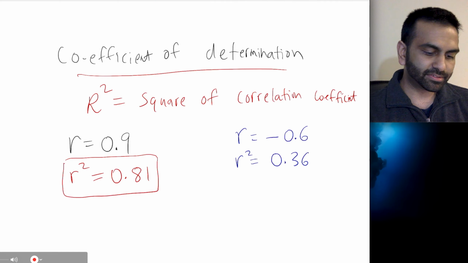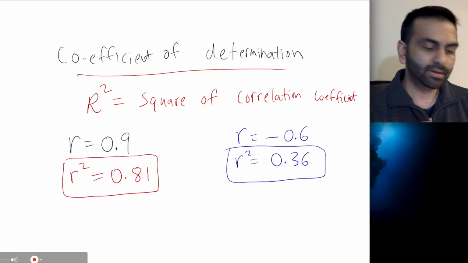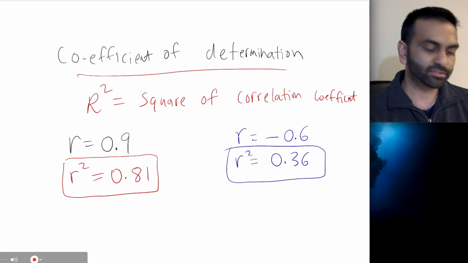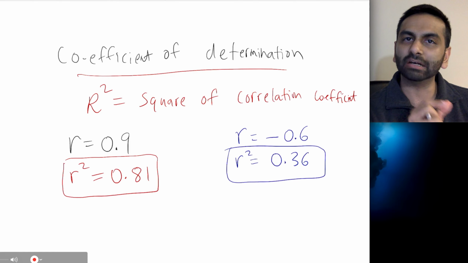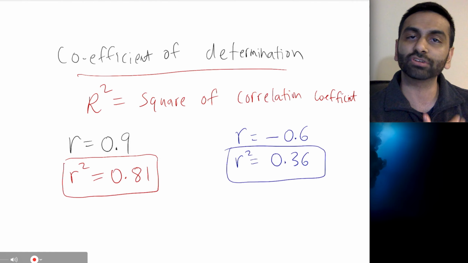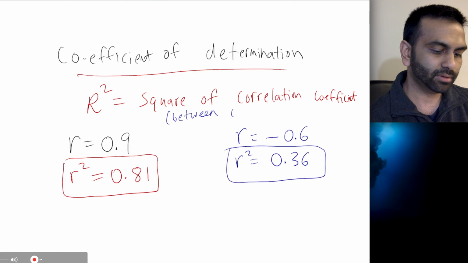And so notice it's positive, and I'm going to interpret these numbers in a second, but just to make sure, the range is between 0 and 1. So even though R itself is between negative 1 and 1, the R squared, the coefficient of determination, is always between 0 and 1.